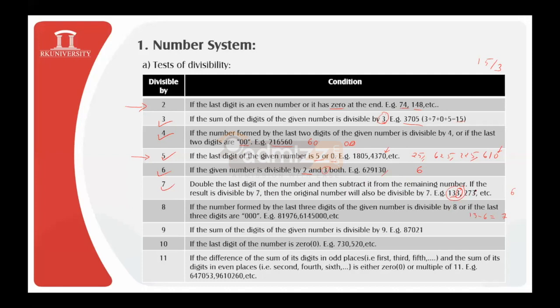Now 273. Here 3 is the last digit. So now double the 3, it will become 6. 27 minus 6, it is 21. This 21 is divisible by 7, therefore whole number 273 is divisible by 7. This is the great thing.